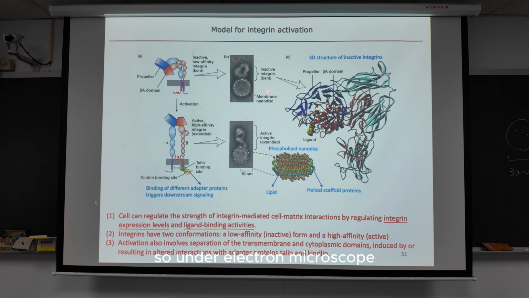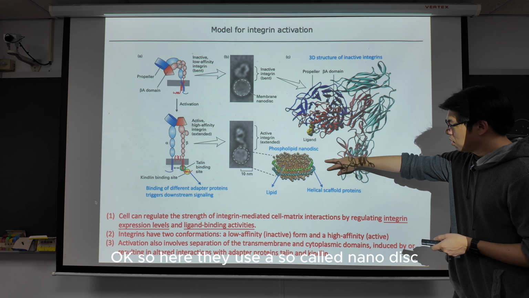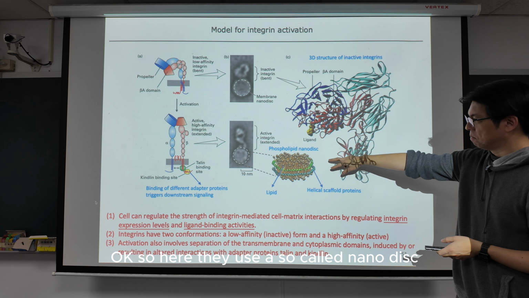Under electron microscopy, because integrins are membrane proteins, you need to generate a certain membrane microenvironment for them to stand in your sample dish. Here they use a so-called nanodisk.